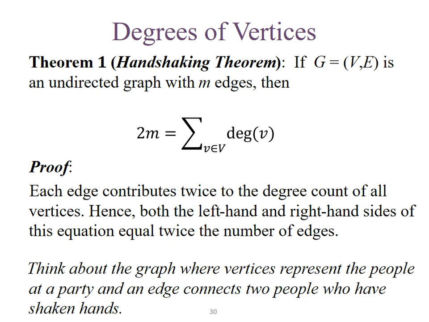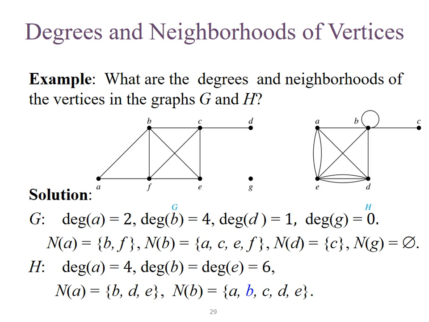When we calculate the degree of A, for example here, we count this edge once, right? But when we calculate the degree of the vertex B, we count this edge again. So each edge will be counted by its 2 endpoints, twice.